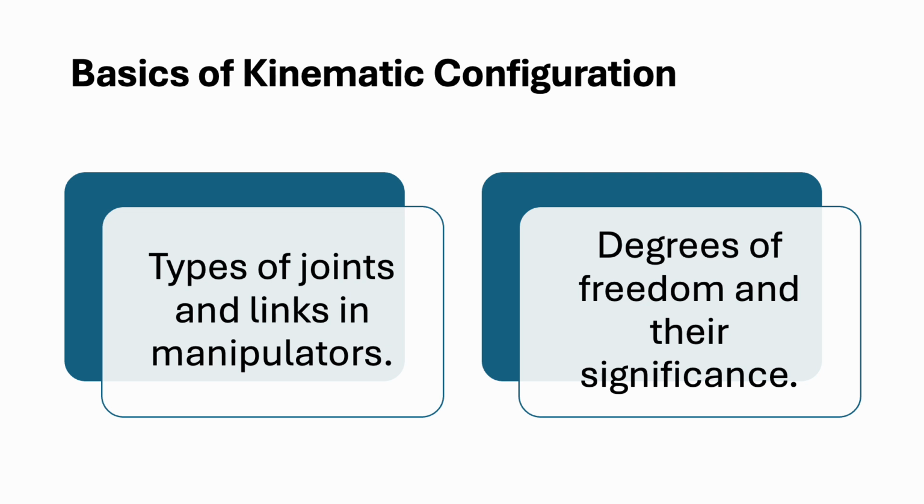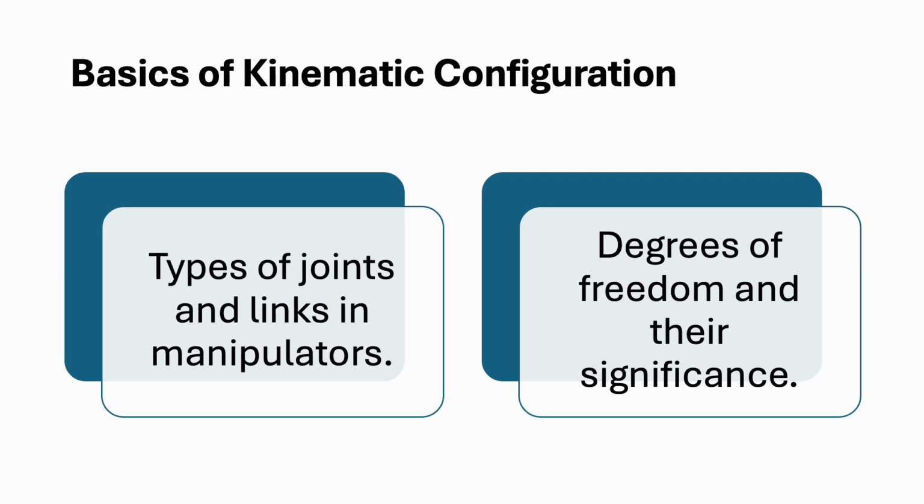Essentially, kinematic configuration refers to the arrangement of a robot's mechanical components, including joints and links, which determine how the robot can move within its environment. This configuration is crucial because it directly influences the robot's range of motion, precision, and, obviously, the types of tasks it can perform.